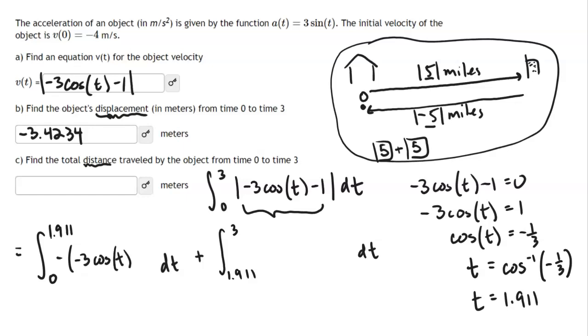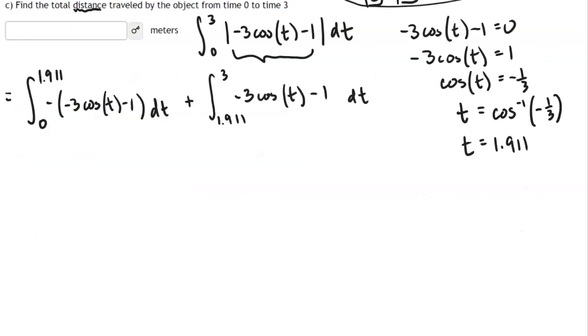Because if this is negative, then putting a negative in front should make it positive. This one was already positive on the other part, when we're above 1.911 up to 3, so we can just keep it the same. And now we can find these two integrals and get our answer.